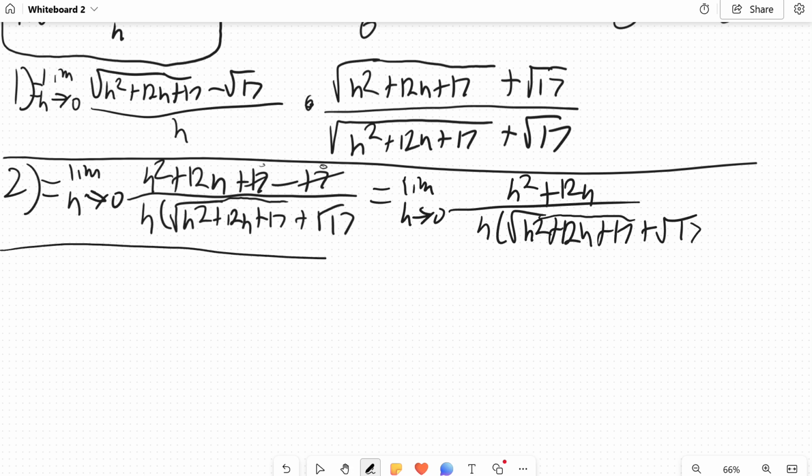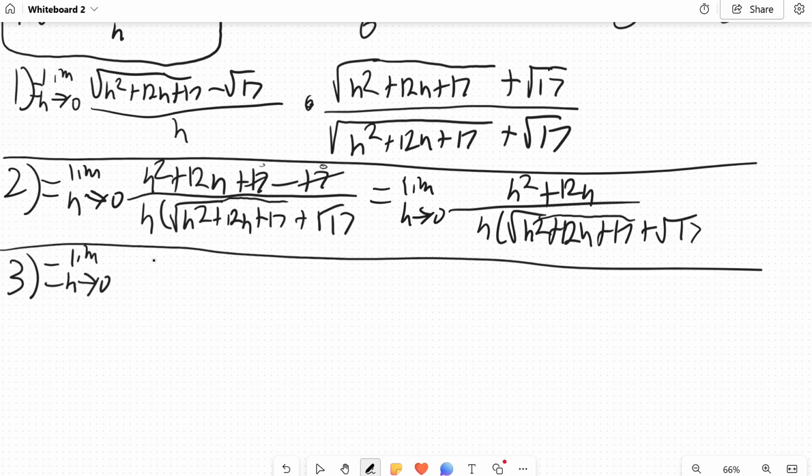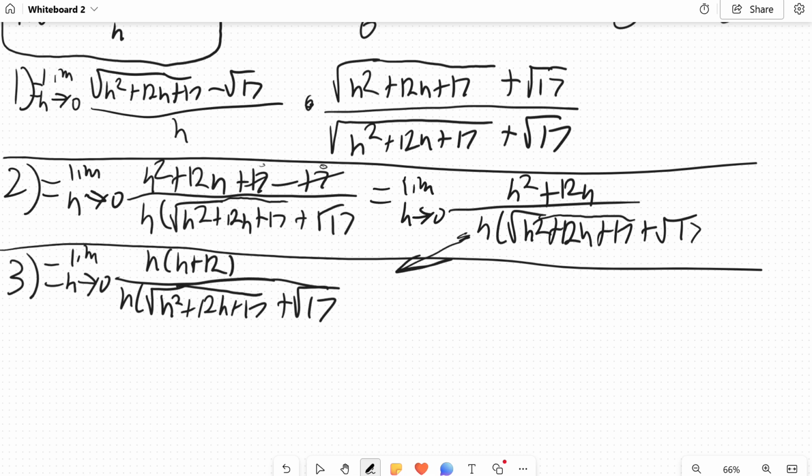There's our step 2. For our step 3, we will take out our h and cancel it out from the top and the bottom. So the top becomes h, parentheses, h plus 12, over our same equation. This just gets pulled down: h, parentheses, square root of h squared plus 12h plus 17 plus square root of 17.